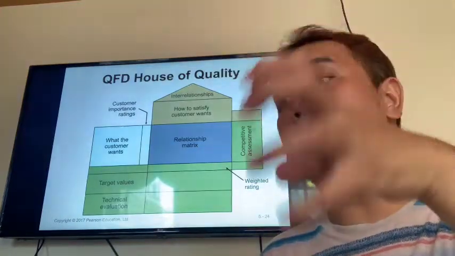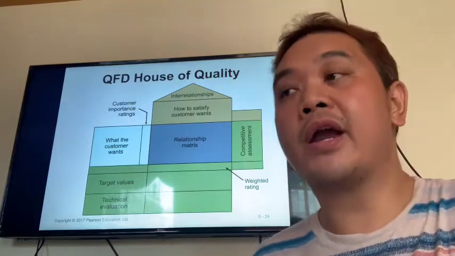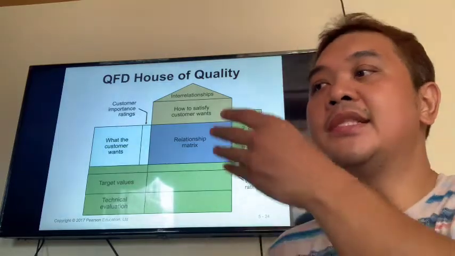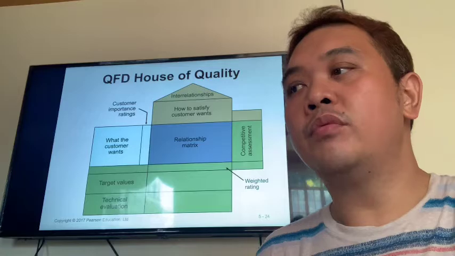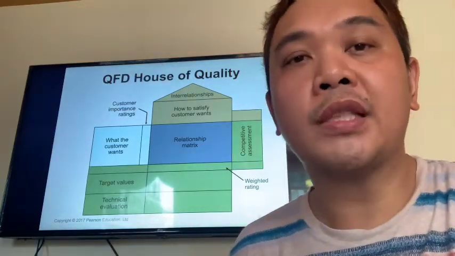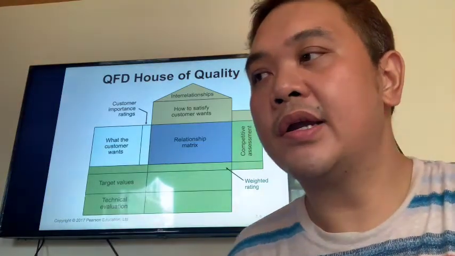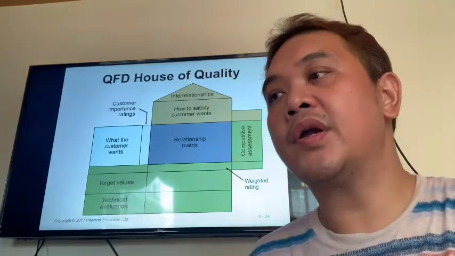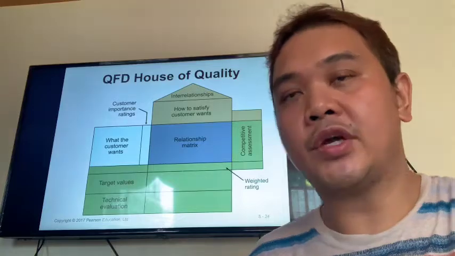And the left wing of your house will be the different requirements of the customers. And the right side or right wing of the house would be your competitive assessment or your competitors analysis. And then your kumbaga sa silong mo is your target values and your technical evaluation.